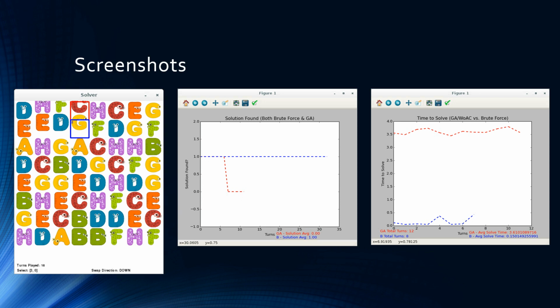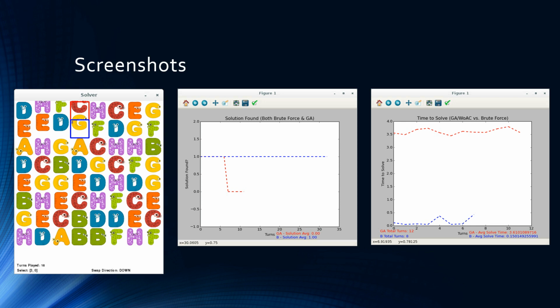This is somewhat atypical of what is typically found, and normally they're fairly close, but in this case the brute force, as I called it, algorithm, the greedy algorithm, actually played about 32 turns before it ran out of moves, versus the genetic algorithm, which ran out of moves after about 7.